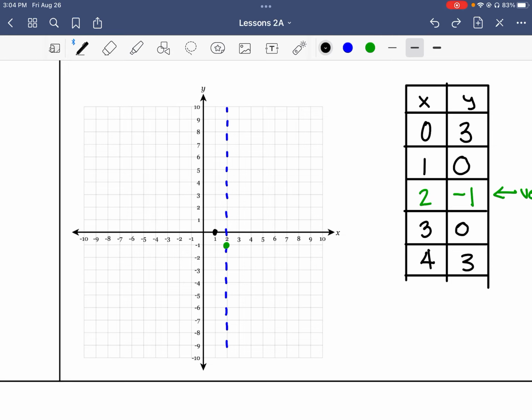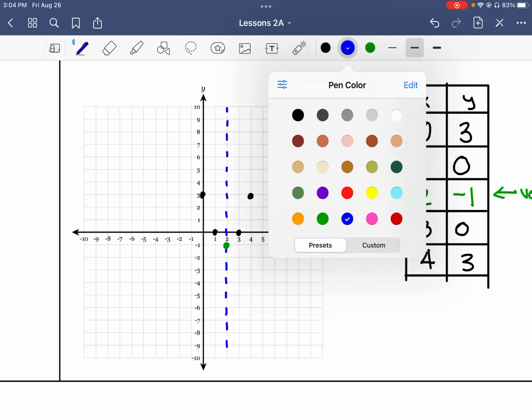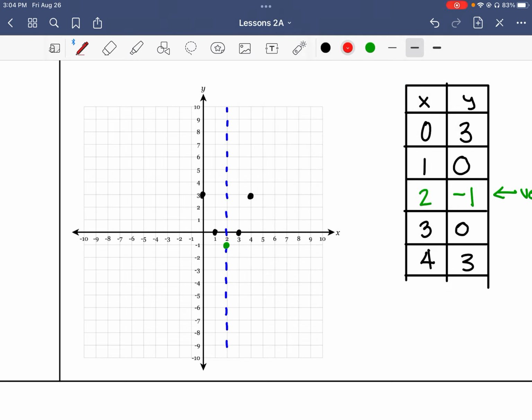Now I'm going to do 2, negative 1, which is right here. Now I'm going to do 3, 0, which is right here. Now I'm going to do 4, 3, which is right here. So with these points, I can now make my graph. So my graph is going to look something, oops, missed it completely. Something like this.